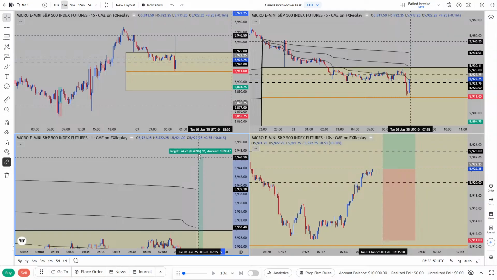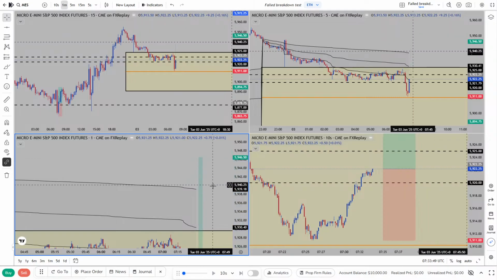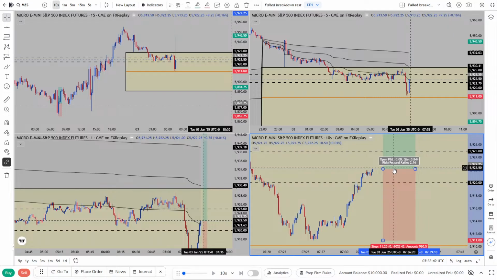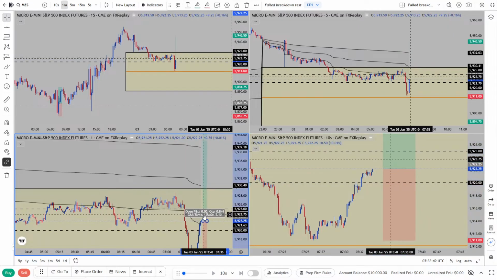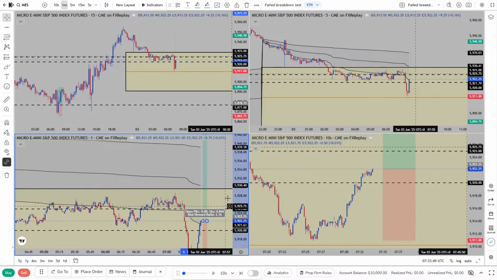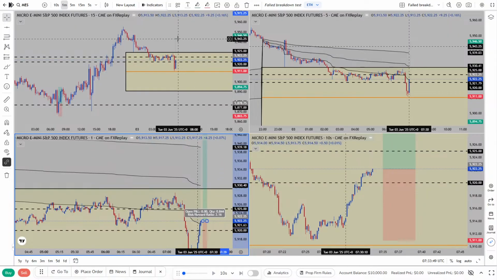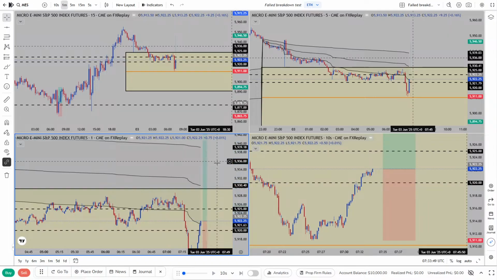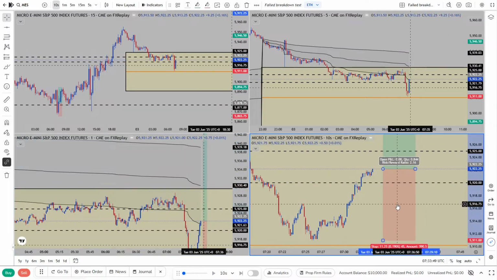Yeah, in theory, we should be able to go like this, but we see it's like 2.1 R, and also we go beyond. So I will try and test it with a bit tighter stop loss.